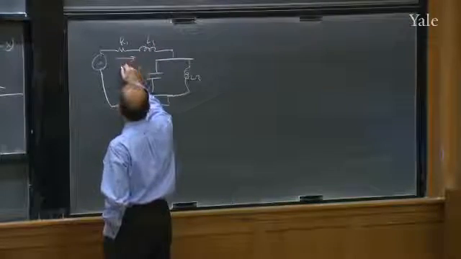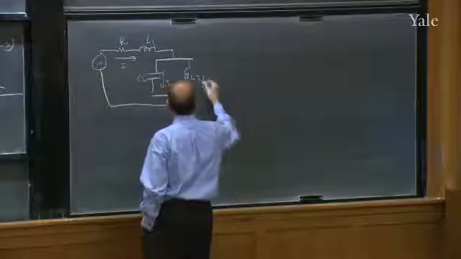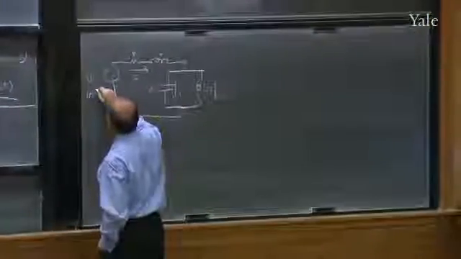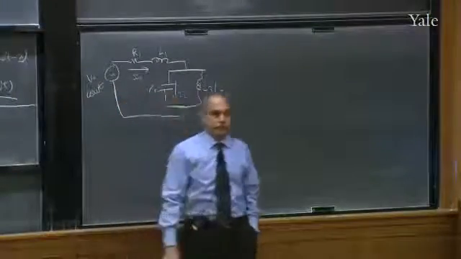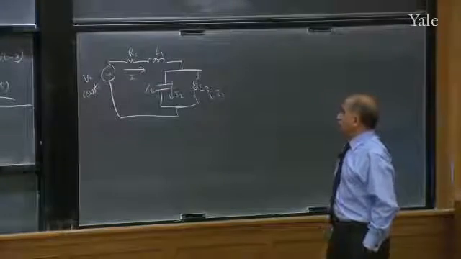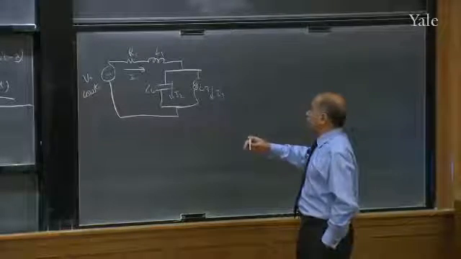Let the current here be I1. Let the current here be I2. Current here is I3. And this is V naught cos omega t. Our job is to find those currents, which are all oscillatory functions of time, in magnitude and in phase. If you do that, you're done.